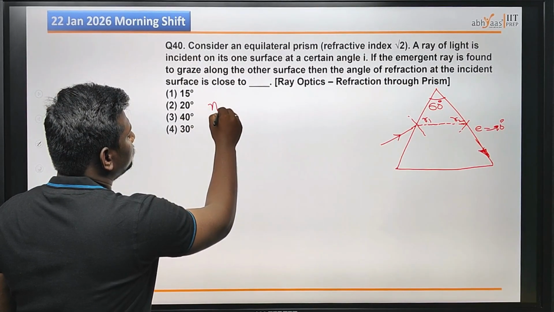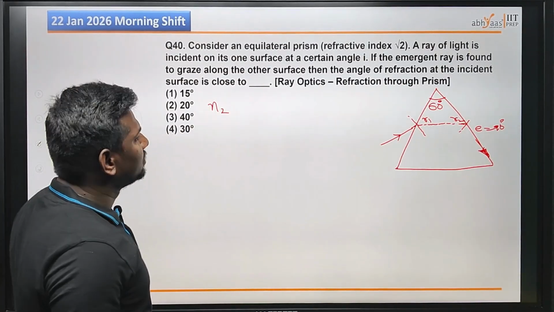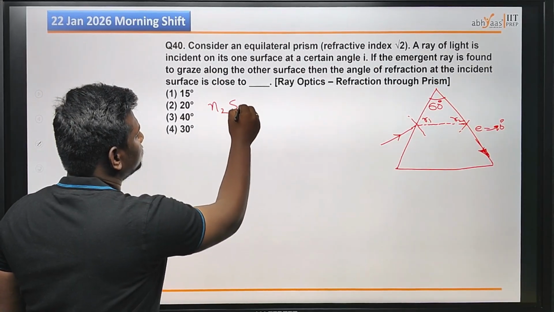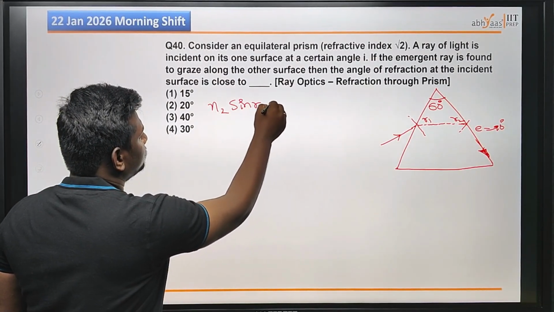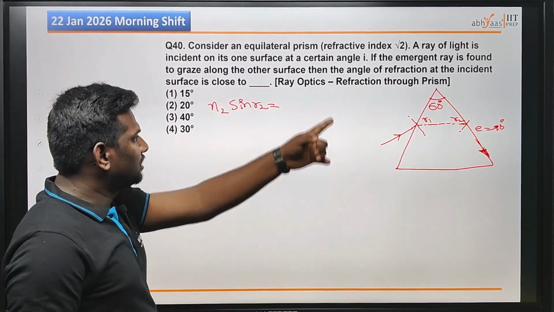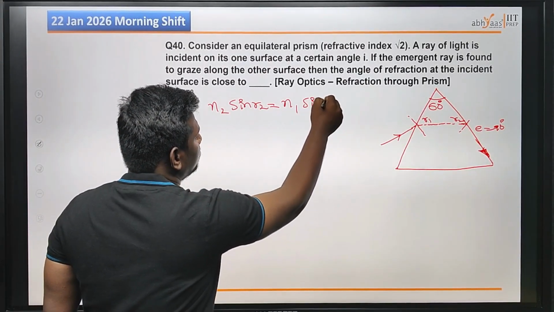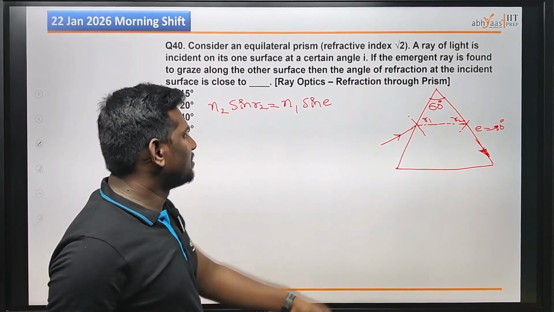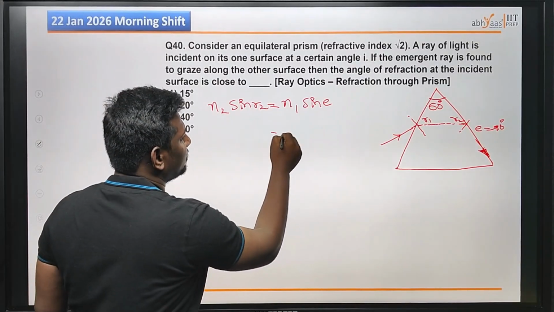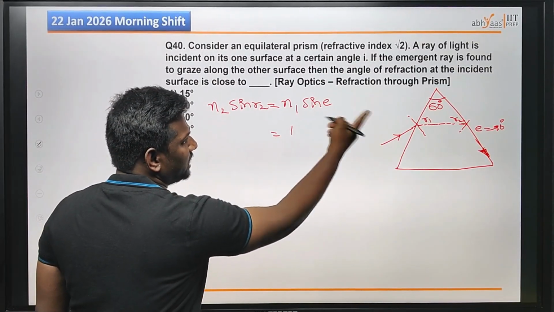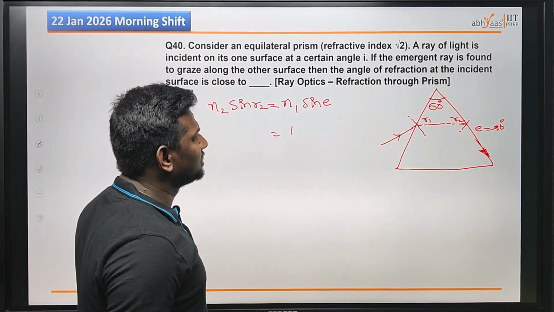N2 sin R2 equals N1 sin e, emergent, that is 1 times sin e. What is the e?